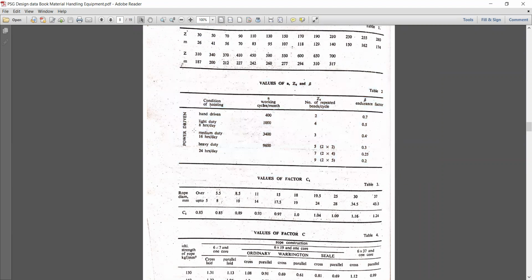As we have previously seen, for medium duty, 16 hours per day, the value of a, that is the working cycles per month, is 3400. The number of repeated bends per cycle is 3, and the endurance factor is 0.4. Just note down these values.